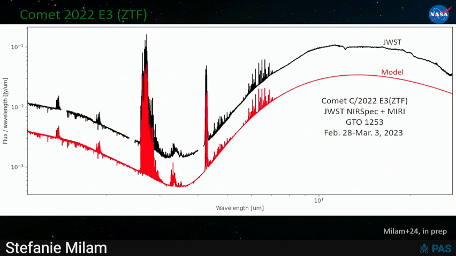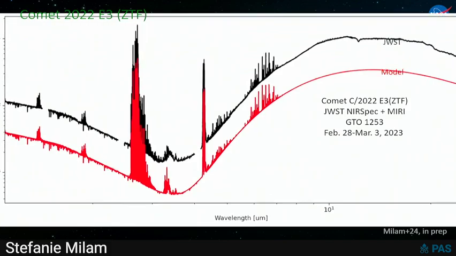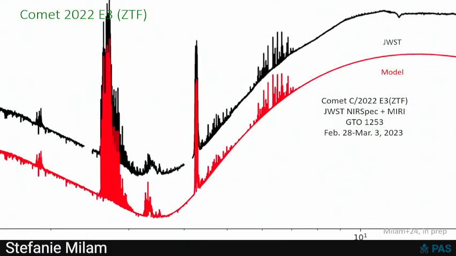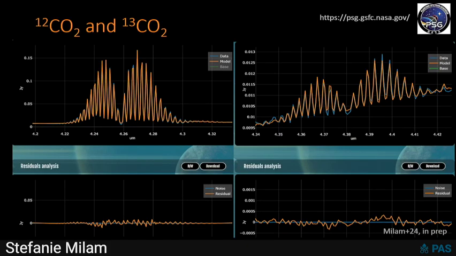So what you're seeing is the actual high resolution data in black and our model fit in red. And it is almost completely perfect, but I'll give you a little bit more, and yeah, you can really see the fun in all of this. So just highlighting some of my favorite things, we do have carbon isotope ratios in these data. The comet was bright enough though that everything is saturated, even the hot band.